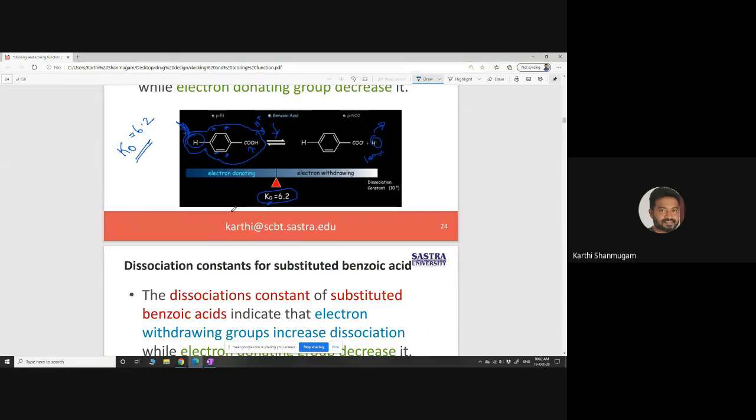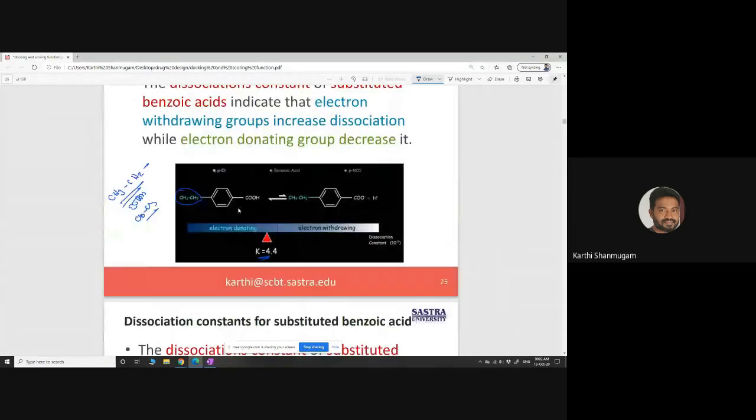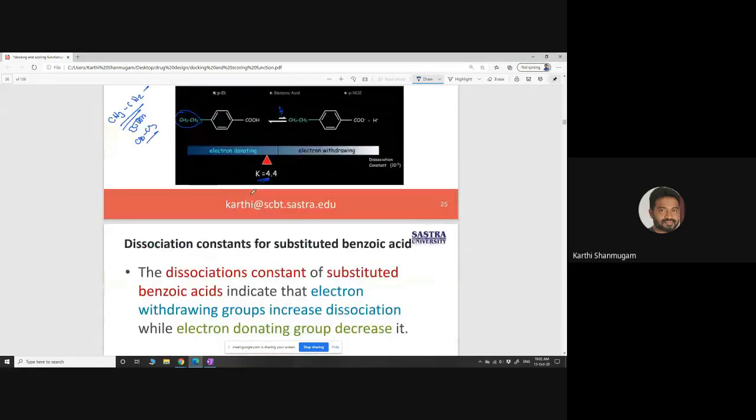But if you look at this reaction, the forward reaction arrow is shortened and the backward reaction is represented by a very long arrow, right? Two things we have to understand. The first is that the K value changes if we change the hydrogen at the para position. If we change the hydrogen at the para position to CH3CH2, the K value is now 4.4. It is no more 6.2.